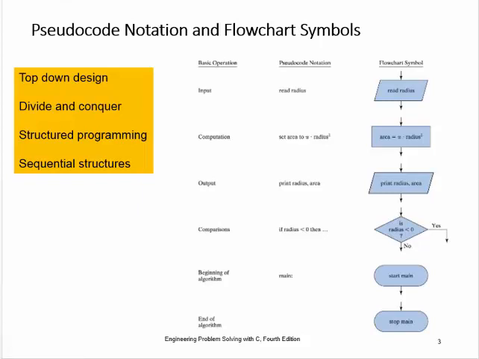So the flowchart notations, this is standard notation. Things like these trapezoidal shapes right here, they represent input and output in your program. So for example, read radius, print radius.